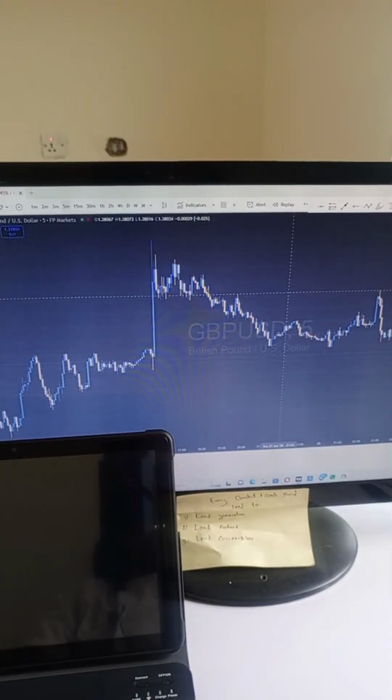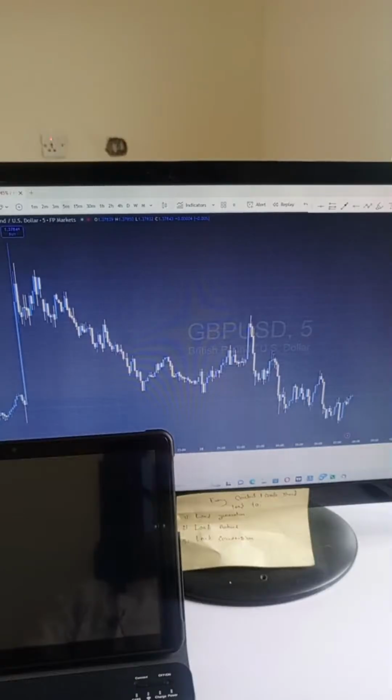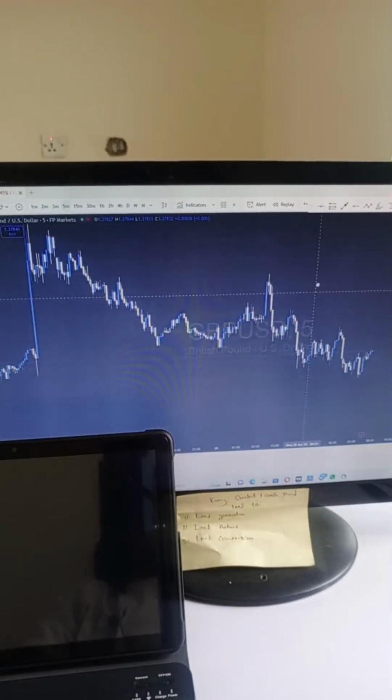So we are looking forward to adding one more position on GBPUSD, because we are currently selling GBPUSD. We are in on a sell.